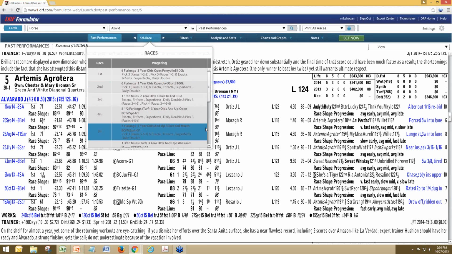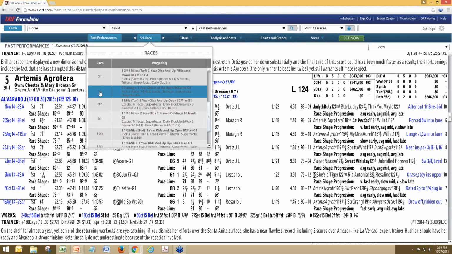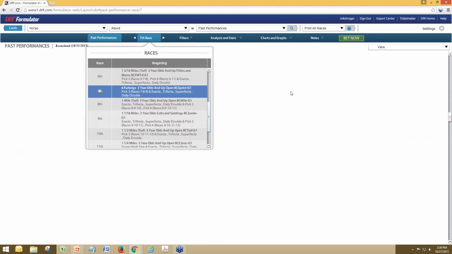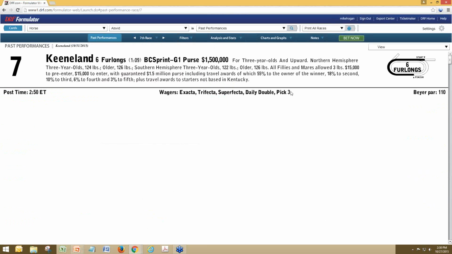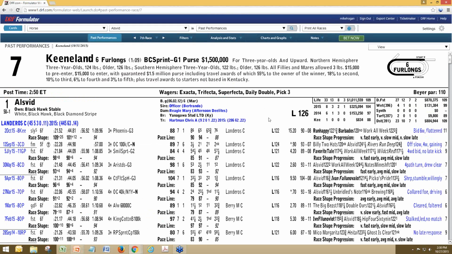All right, now move ahead to the other horse that I think is one of the best plays on the whole two-day Breeders' Cup card. That would be in the 7th race, the regular Breeders' Cup Sprint.